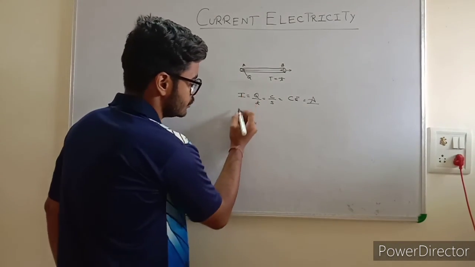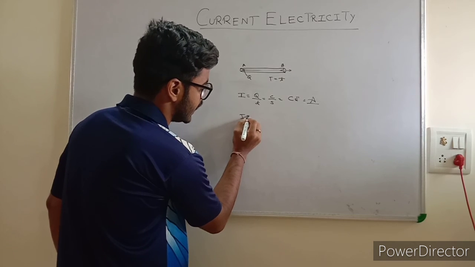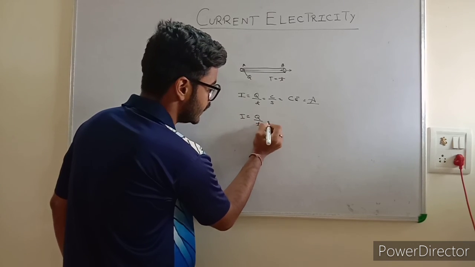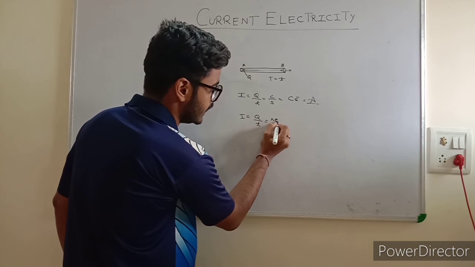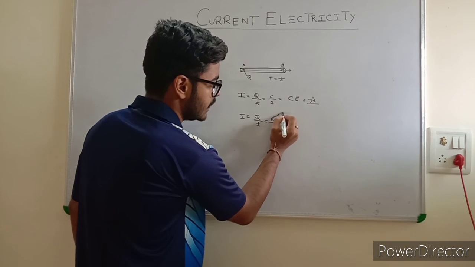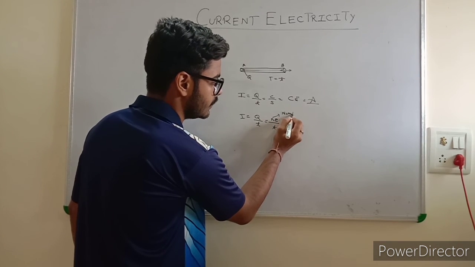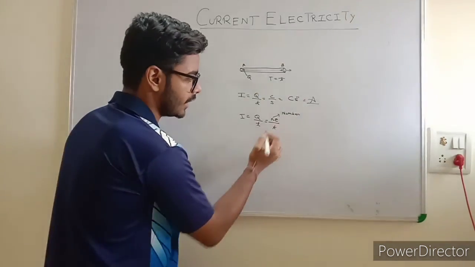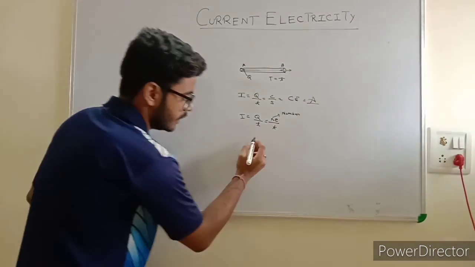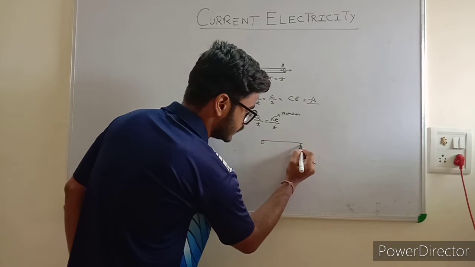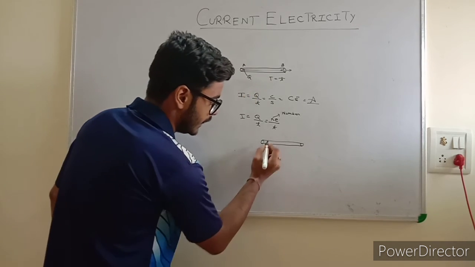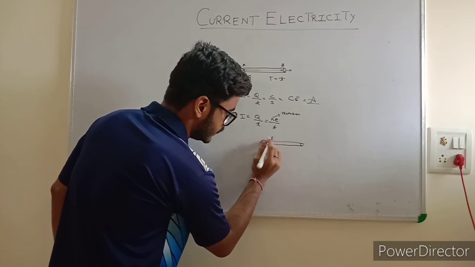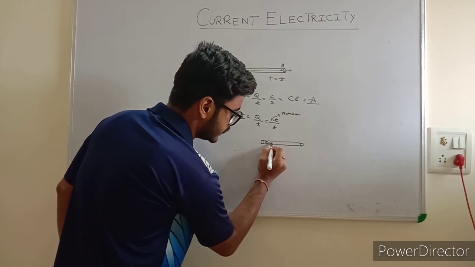So you must be thinking about the charge. What is charge? If you break the formula, that is I is equal to Q upon T, where Q is equal to N E, where N is the number of electrons and E is the charge of an electron. Suppose this is a conductor and the electrons are here.